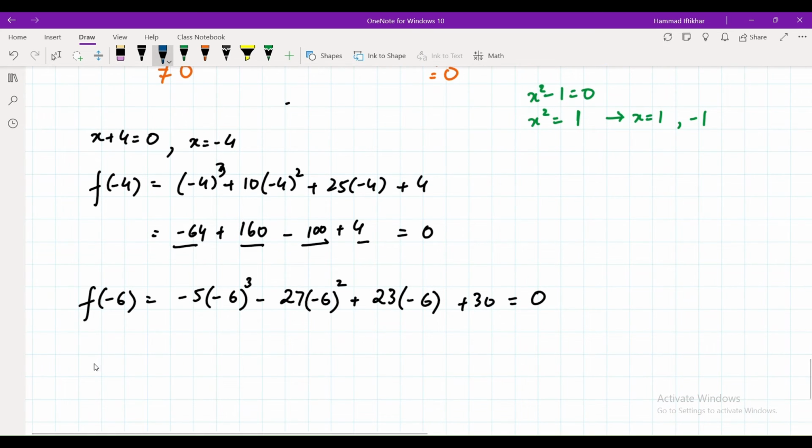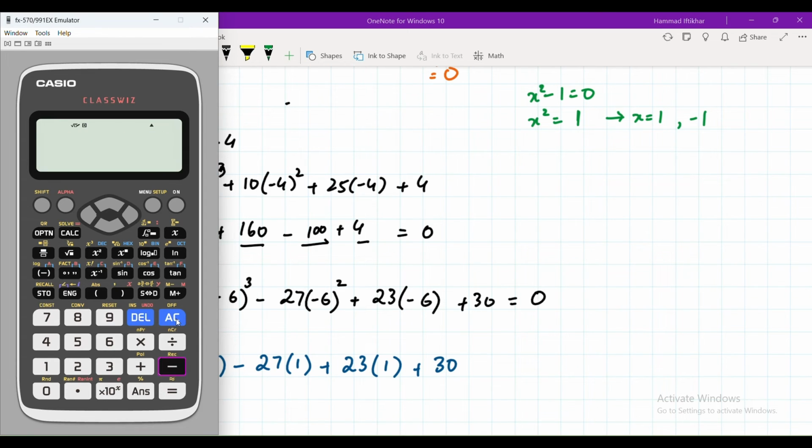So h of 1, sorry, no, this was g, and this is h. So minus 5 times by 1 cubed. 1 cubed would remain 1. And minus 27 times by 1 plus 23 times 1 plus 30. So let's do that. So negative 5, negative 27 plus 23 plus 30. That gives us 21.